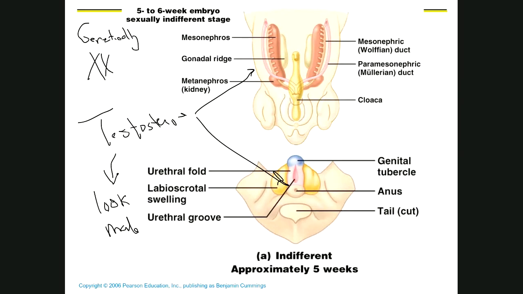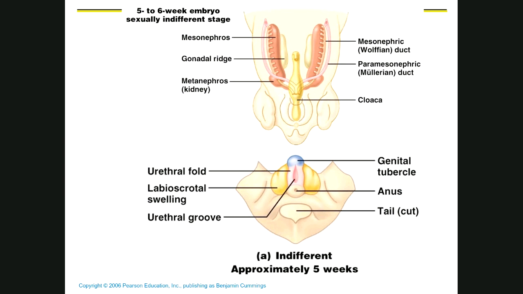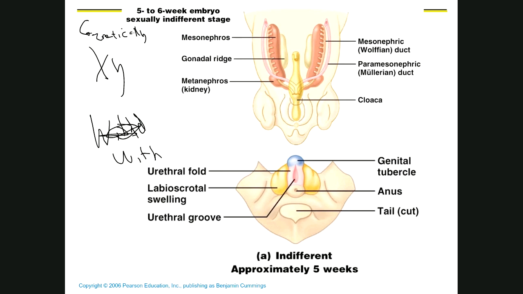By the same token, what if this were XY? So XY, genetically, what is XY, male or female? It's male, right? But what if I were to somehow withhold the testosterone? In other words, I don't let the testosterone form, or I keep it from happening.